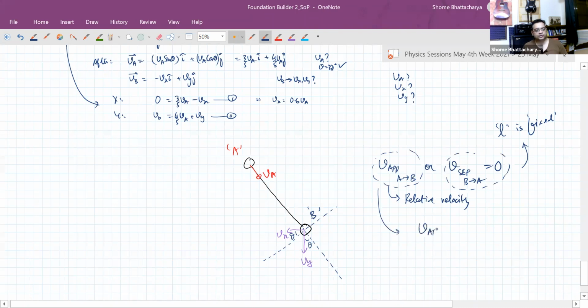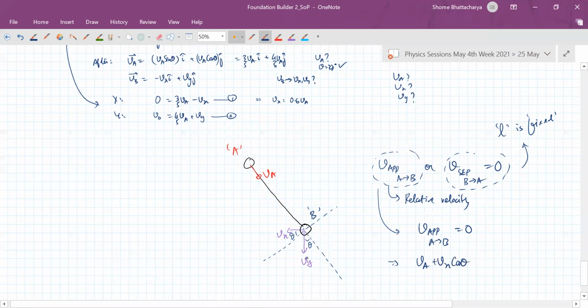So the relative approach velocity of A towards B is 0. Now see, A directly has a velocity of VA towards B, so that is giving it an approach. Now B has this component Vx in this direction. So that Vx has a component towards A of how much? Vx cos theta.